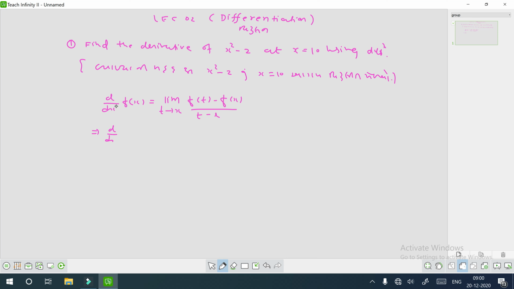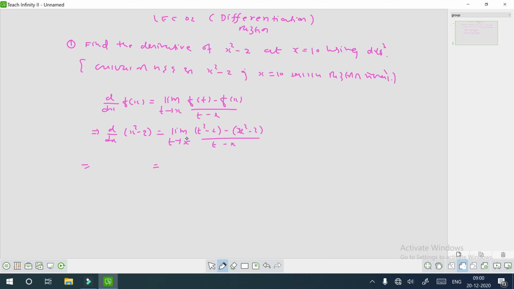And therefore d by dx of x square minus 2 is equal to limit t tends to x of f of t, t square minus 2, f of x, x square minus 2, over t minus x.